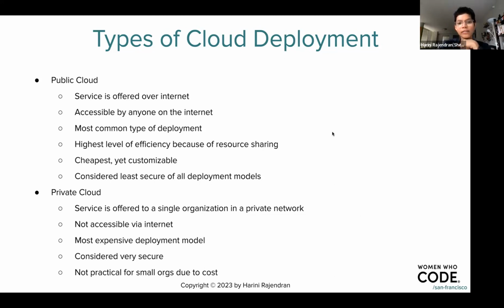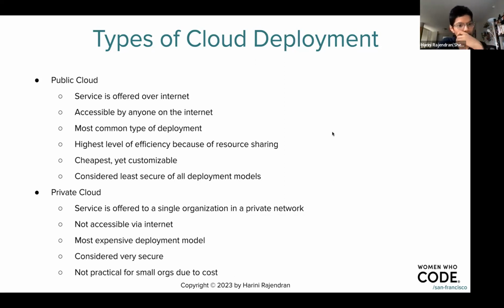It has the highest level of efficiency because more people use it. It's the most commonly available. The more people are using a particular resource, the more efficiently it is used, because the resource is shared amongst multiple people, so it's utilized at its maximum.